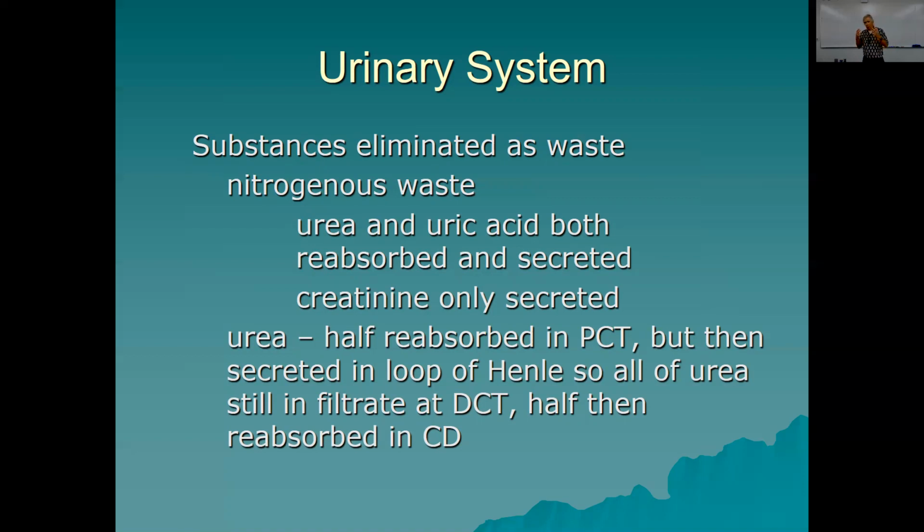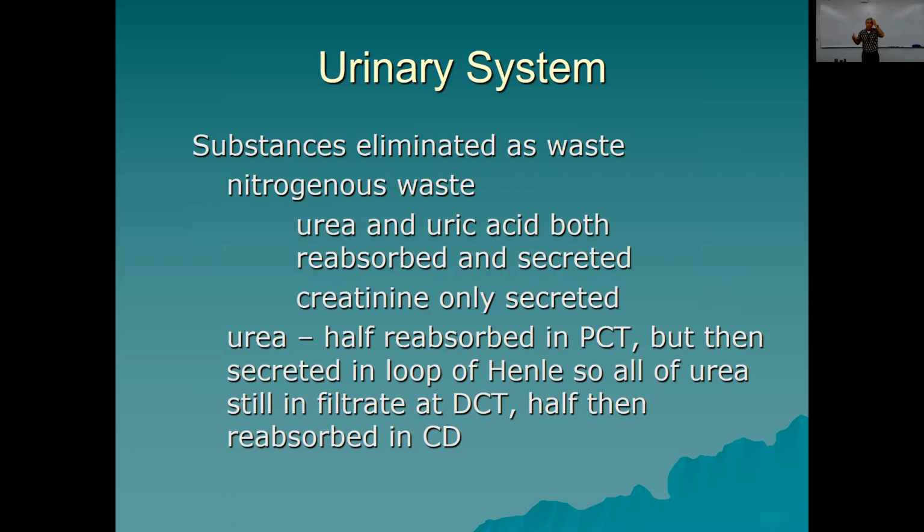So all of the urea that came into the nephron is still infiltrated in the DCT. And then half is reabsorbed in the collecting duct. So you really only clear your body of about half of the urea that comes into the nephron.